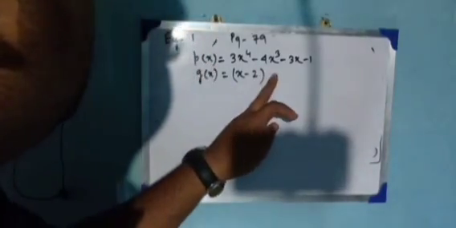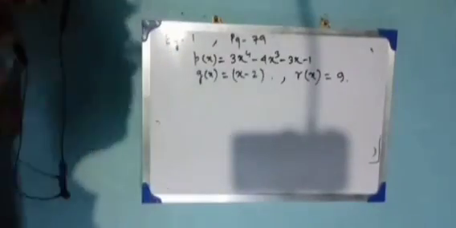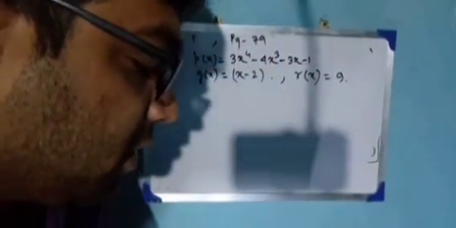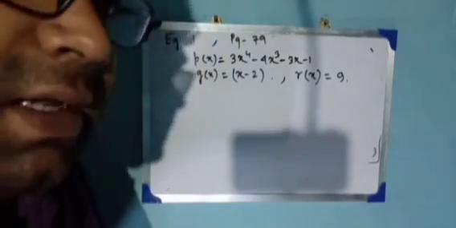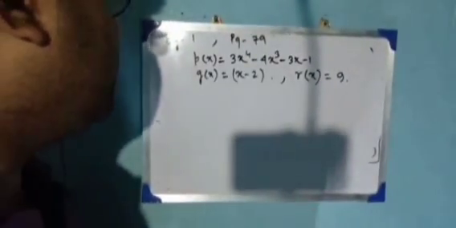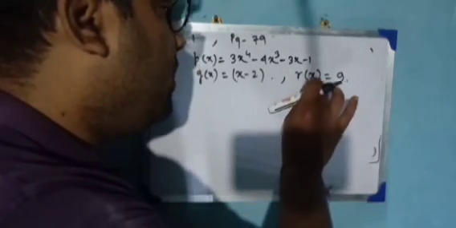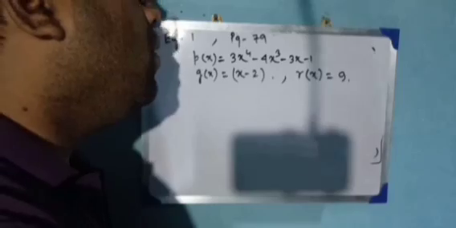I have earlier shown you that by dividing this polynomial by this polynomial, we get the remainder polynomial r(x) equals 9. But that was by actual division, which is also given in your book on page number 80. Now we will apply the remainder theorem to get the remainder without actual division.